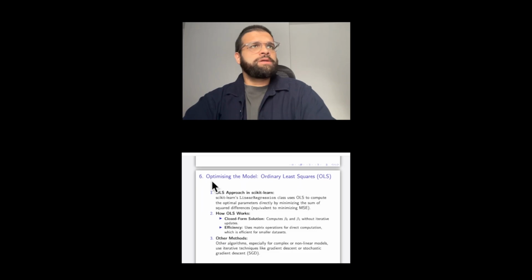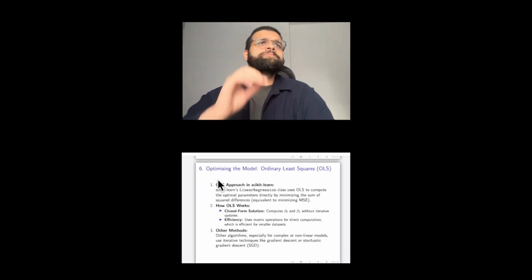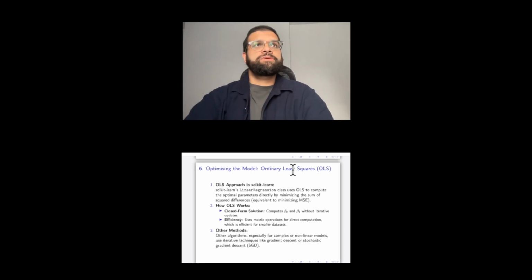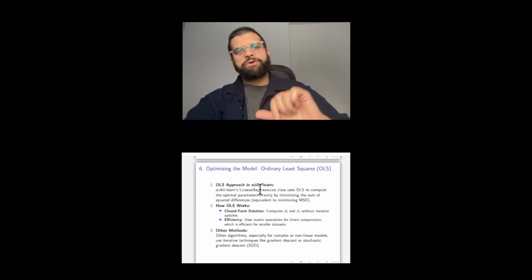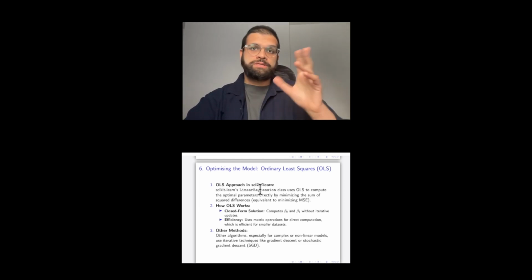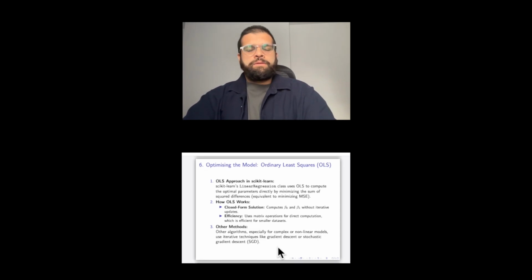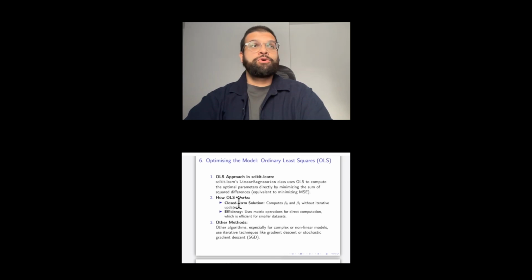Now let's talk about the optimization algorithm, which in linear regression is OLS, that's ordinary least squares. That's also the optimization algorithm used in the scikit-learn linear regression class. So you can see, if you go on scikit-learn and look at linear regression, you can see that being used here. How it works is basically a closed form solution.